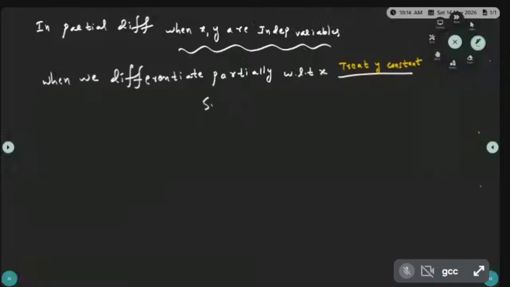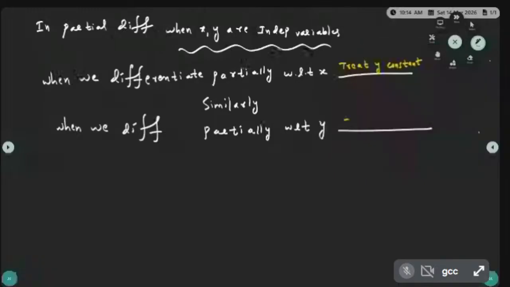Similarly, when we differentiate partially with respect to y, treat x constant. Okay?